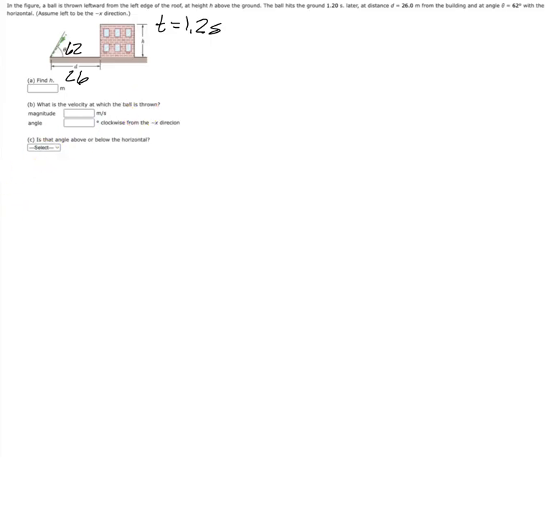So we need to first find the horizontal velocity. To find that, we could just use the second kinematics equation. But because this is in the x direction, we don't have any acceleration. We are going from right to left, so let's make the distance negative: negative 26 meters equals our original speed in the x times our time of 1.2 seconds.